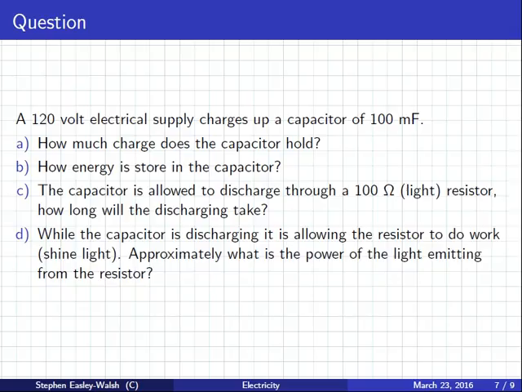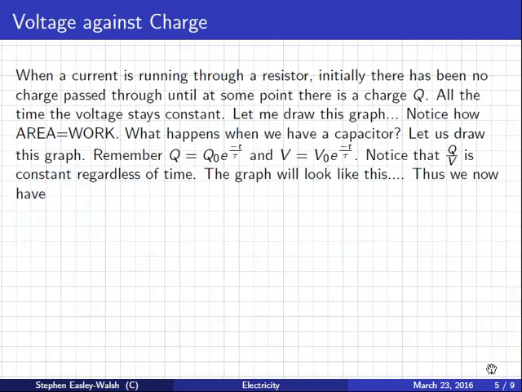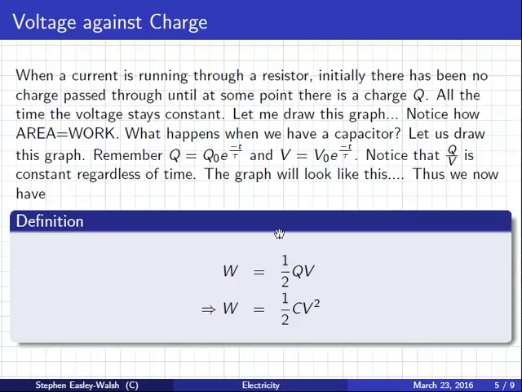Which part? B. I gave you the formula today. Work equals a half CV squared. No, that's QE, something else. Sorry, it was this one: a half QV for a capacitor, or a half CV squared.